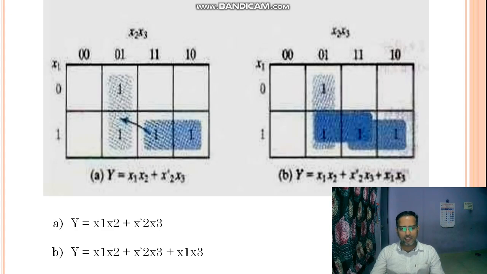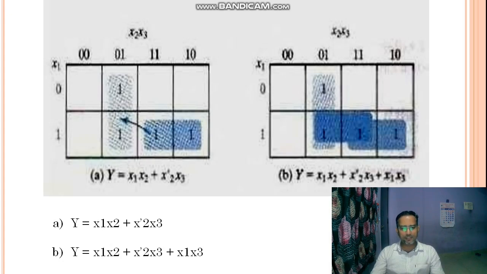In the first diagram, we have to frame the rows and columns. Here we frame two rows, 0 and 1, and the 2-bit inputs x2 x3 take the values 00, 01, 11, 10. In these values, the shaded blue color values come from this equation.